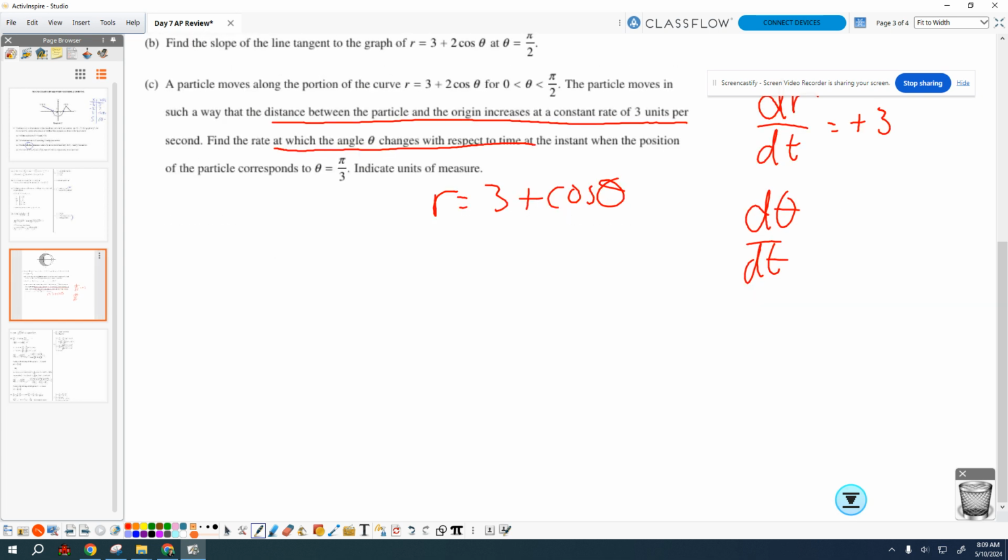Take the derivative with respect to time. Okay, you said do the derivative with respect to t. All right, I'll do the hard one. Now your turn. What's the derivative? Negative 2 sine theta times d theta/dt.